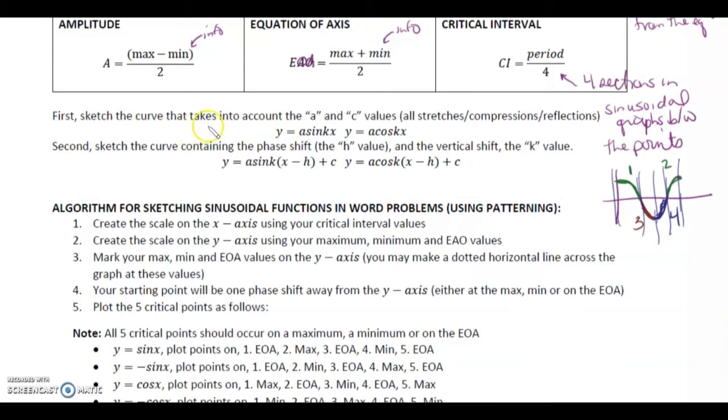Okay. So first, sketch the curve that takes into account the A and C values. A lot of times you'll see approaches where, like we've done mapping notation, but you'll see approaches where they plot the original sine or cosine function, and then they apply all the stretches, compressions, and reflections first. Okay, so that obviously is your A and your K values that they're plotting first.